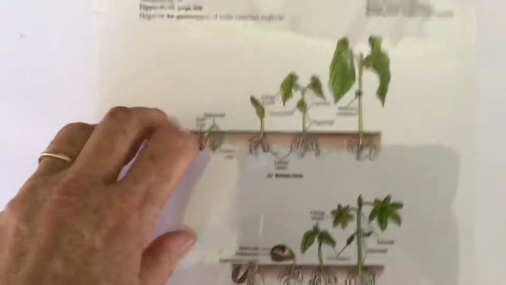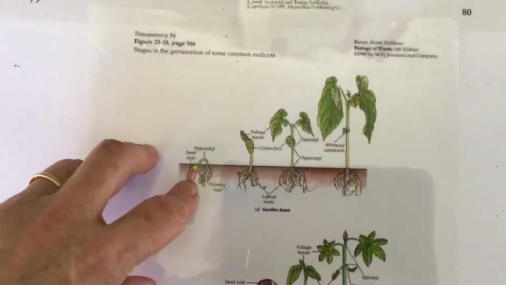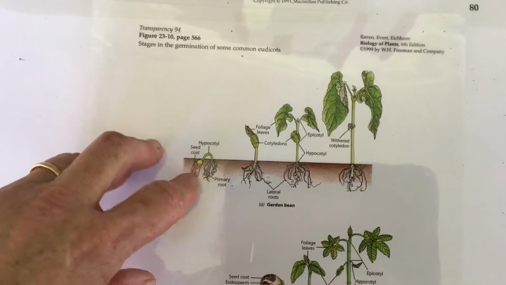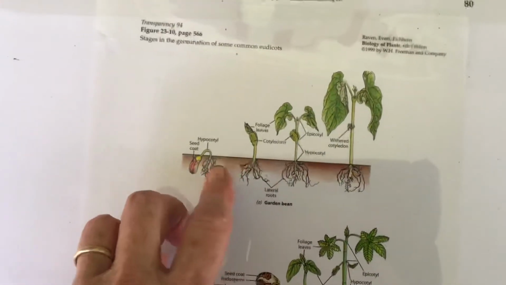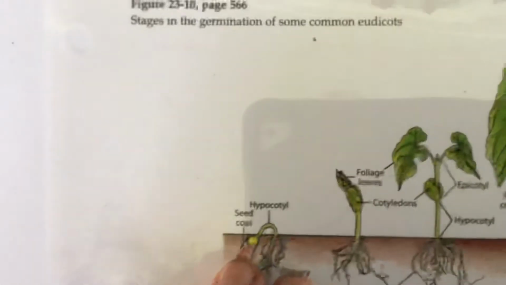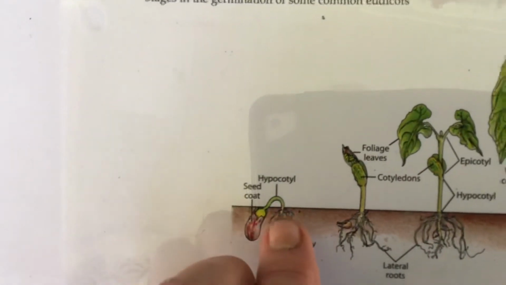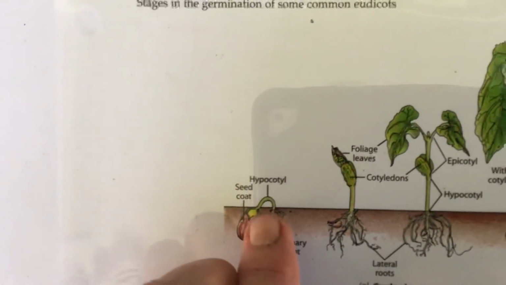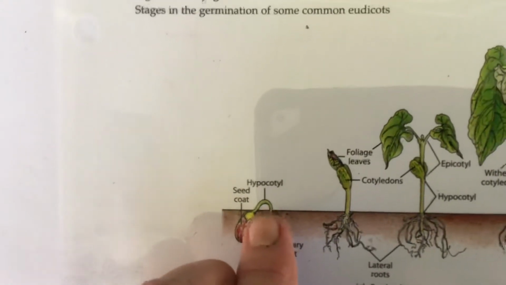All right, so in this case, the plant will start to grow its root system, and it creates the hypocotyl, which is the part before the actual plant and before the leaves.